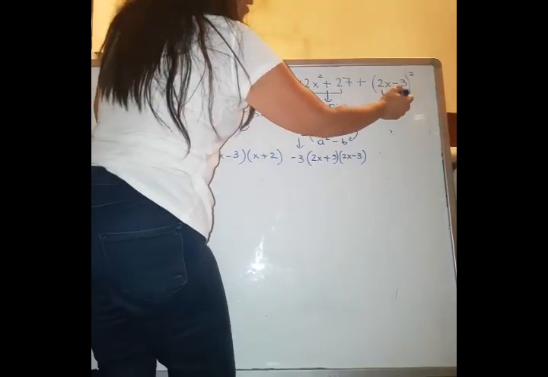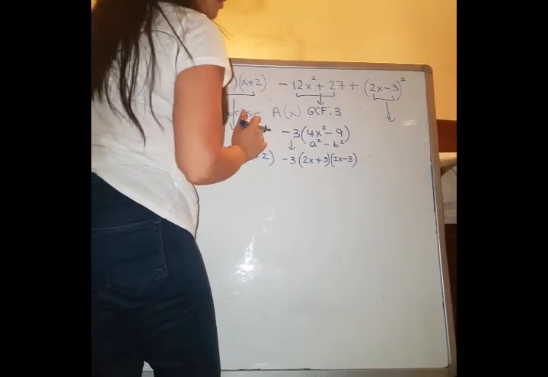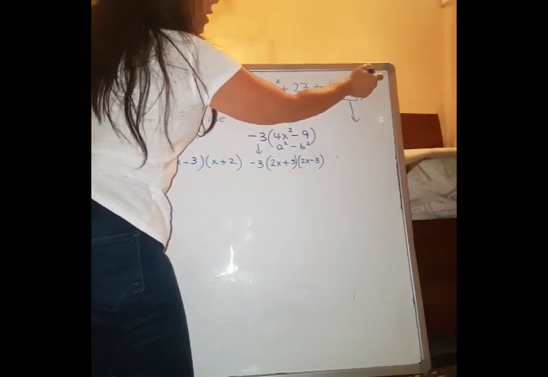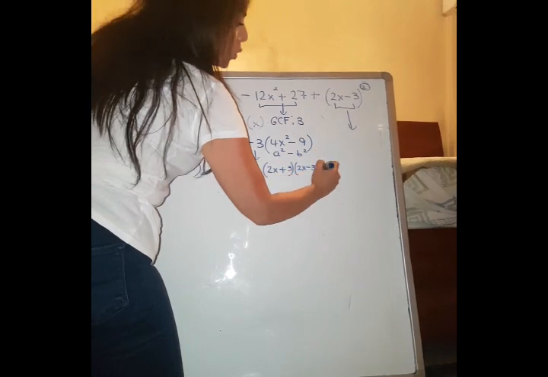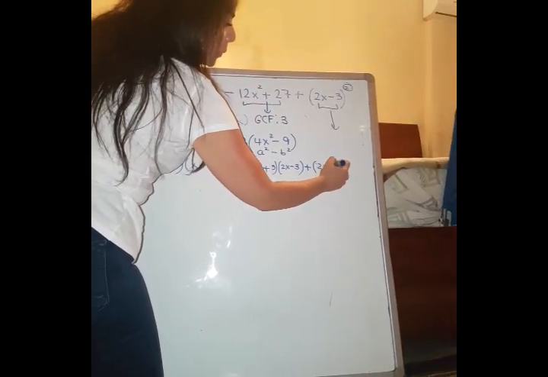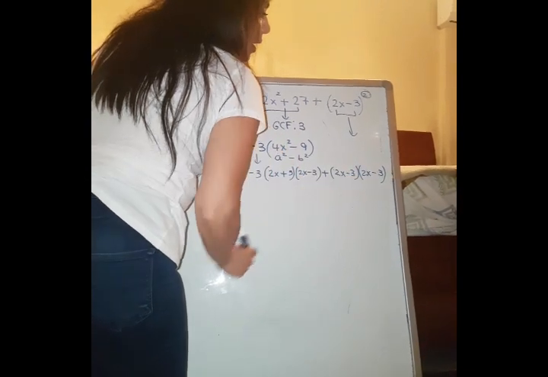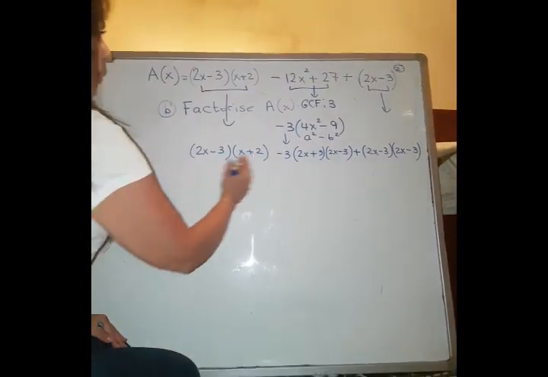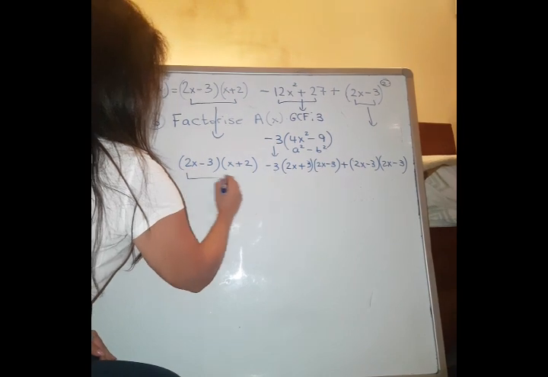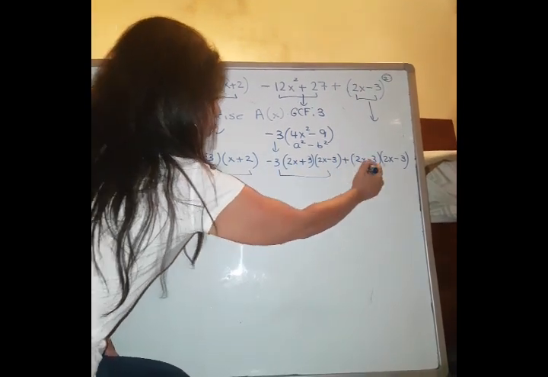The last part is actually a special case that's done for me. (2x - 3) to the second power, what does it mean? A (2x - 3) and a (2x - 3), the same sign. And now again, this is 3 parts, 1, 2, 3.